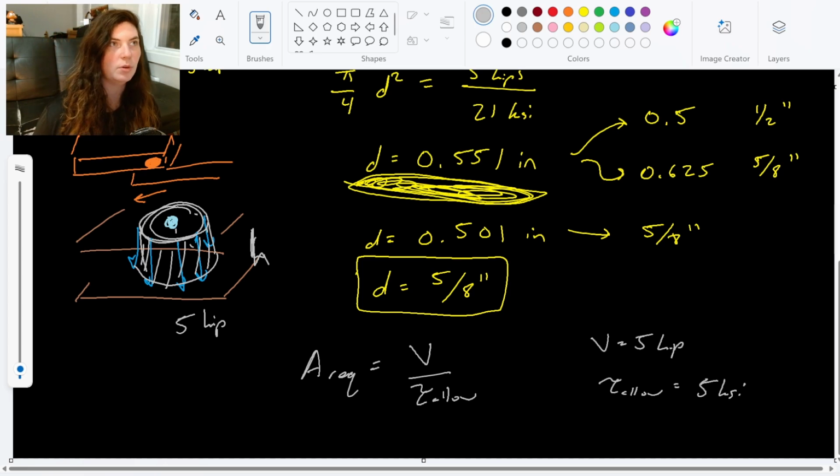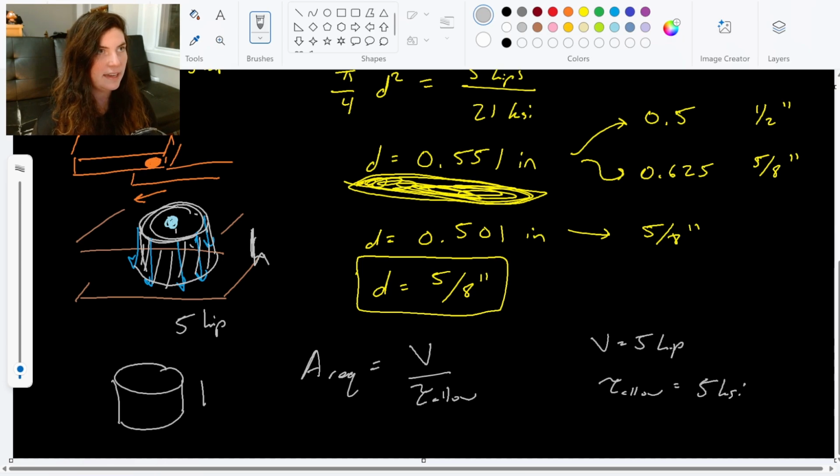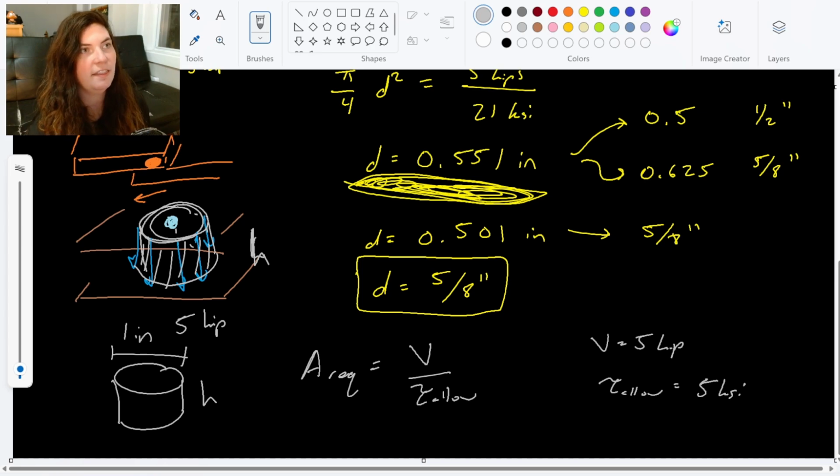Now the area that we're dealing with is this cylinder here, the cylinder with a height of H and the washer dimension of 1 inch across. That's where the shear would be occurring. So what I'm going to need is this area here. It's actually the area around the cylinder.